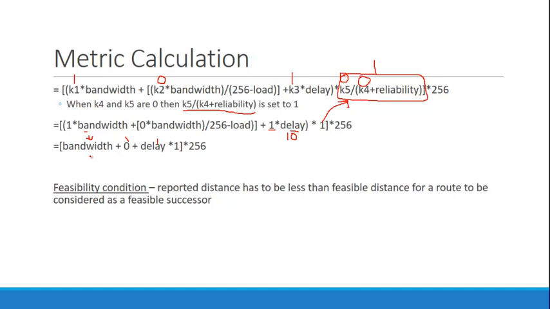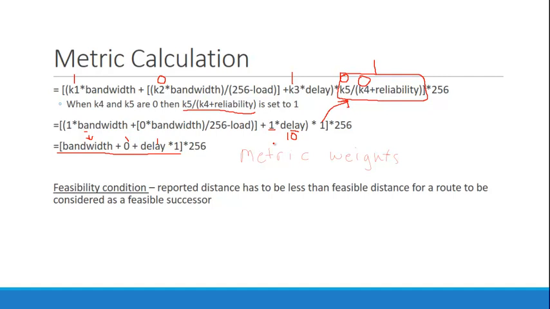The times 256 there is just used for backwards compatibility with EIGRP's predecessor. So here's the metric calculation, and we understand that by default it's bandwidth and delay. You can change those values using the metric weights command, but you only want to do that if you really need to.